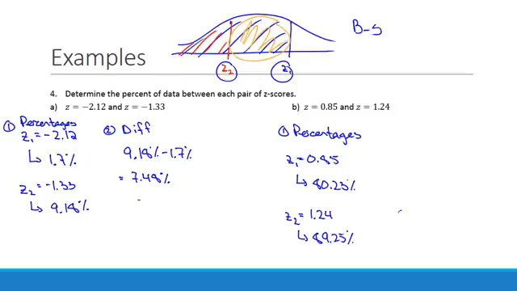And we're wondering about the difference between them. I'd go the larger one, 89.25, minus the smaller one, 80.23, and then that works out to be 9.02%. So that is how you find the percentage of data between two z-scores. You find the percentage for both z-scores, and then you just subtract to find the difference.